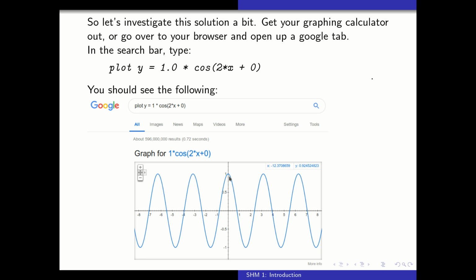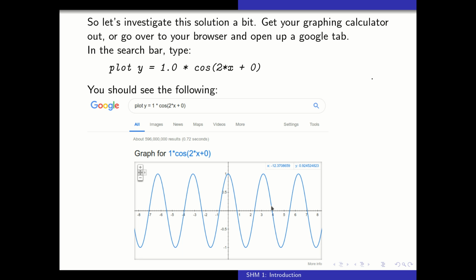But if we'd started this thing off in a different way, say at the beginning, when we started time, instead of pulling the object out and letting it go, we had it sitting at equilibrium and we hit it, so that it starts off with a large velocity but with a 0 position. The resulting motion is going to be exactly the same. It's just starting at a different part on the graph.